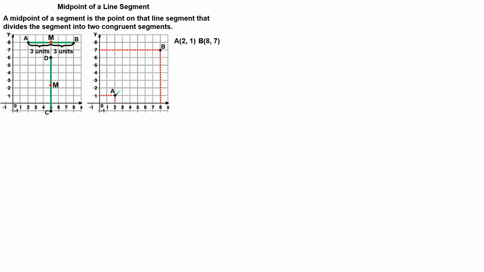When we are finding the coordinates of the midpoint of a segment, we are actually finding the average (mean) of the x coordinates and the average (mean) of the y coordinates. The average of x coordinates is 5. The average of y coordinates is 4. The midpoint has coordinates 5 and 4.